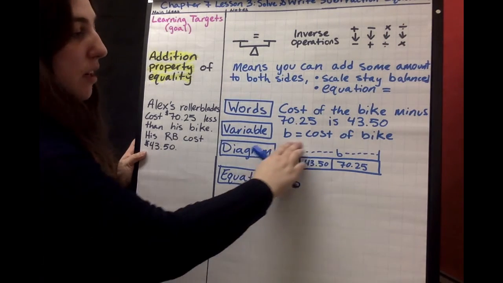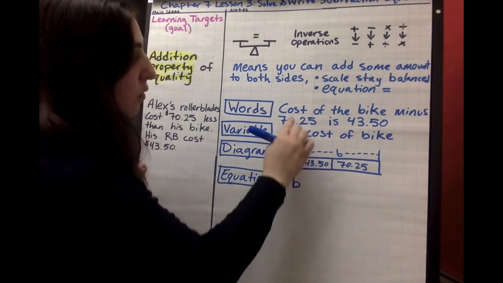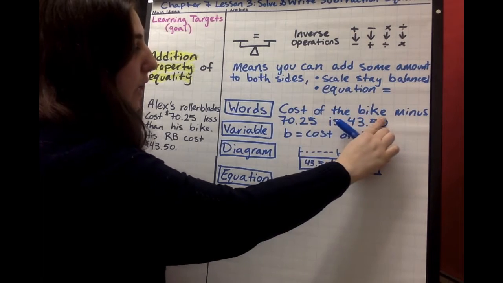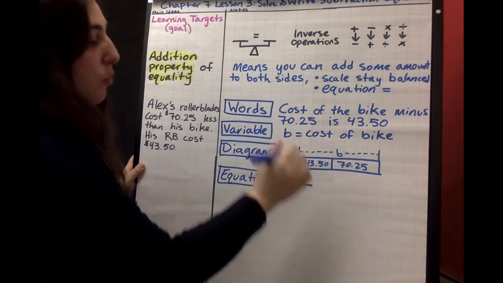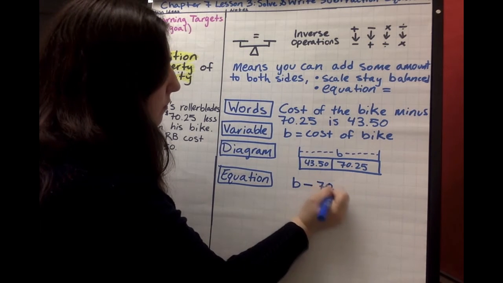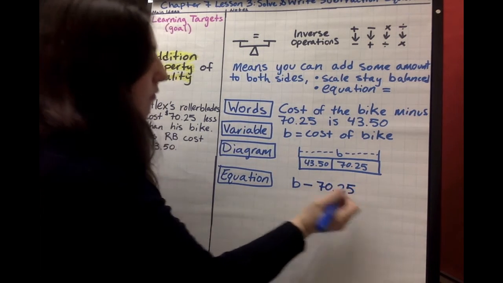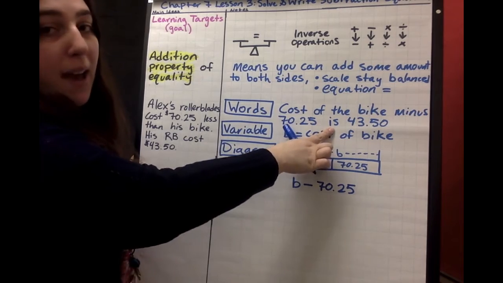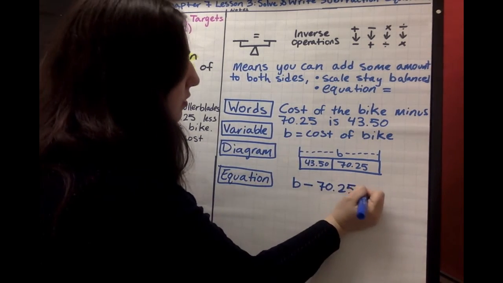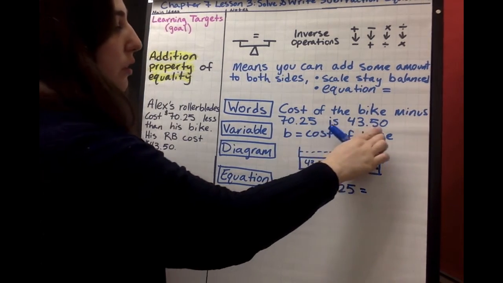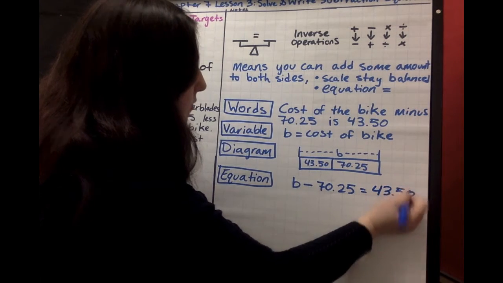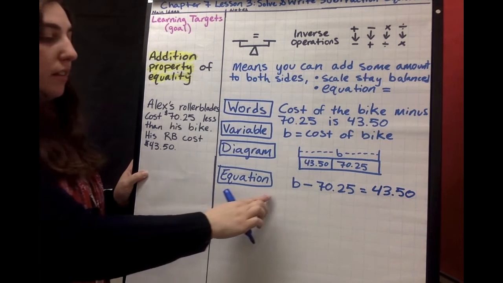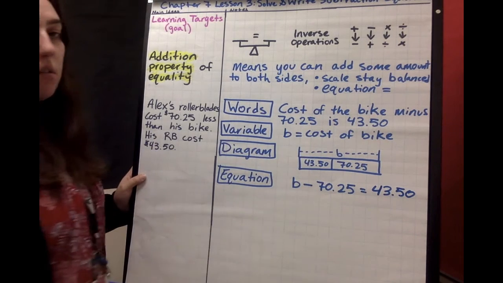So B, cost of bike, which it says right here, cost of the bike, minus 70.25 is, and in math, is means equals 43.50. Okay, so this is our equation right here.